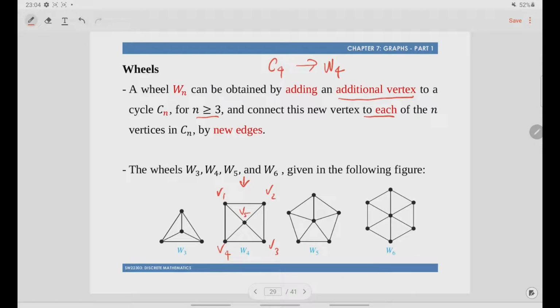Another condition is we need to connect this new vertex to all original vertices in this cycle. Then it becomes a wheel. Although there are 5 vertices, we have W4 because 4 represents the number of original edges in the cycle Cn. Alright, so we finish with wheels.